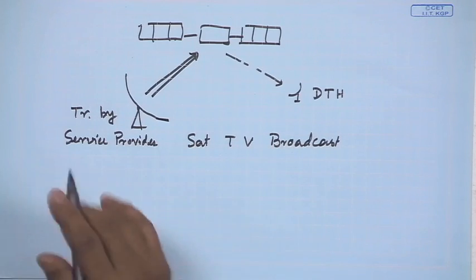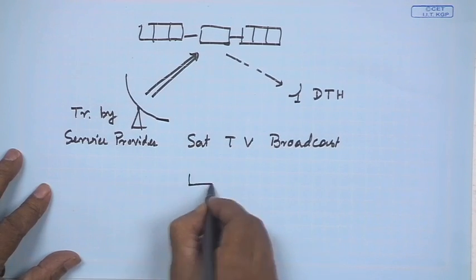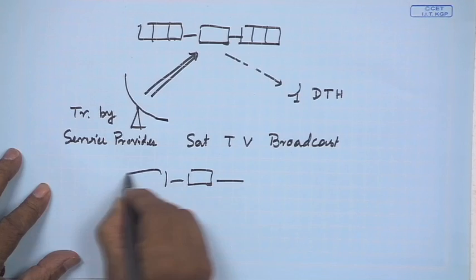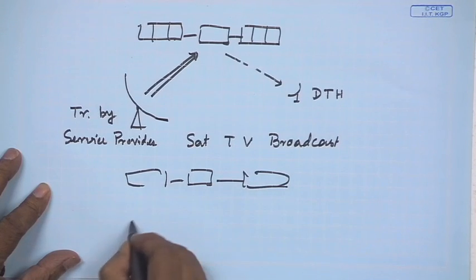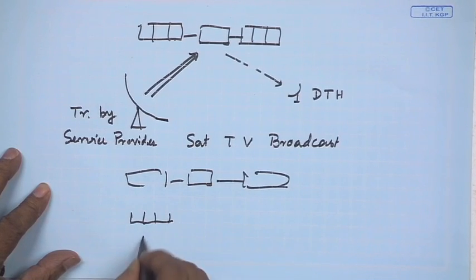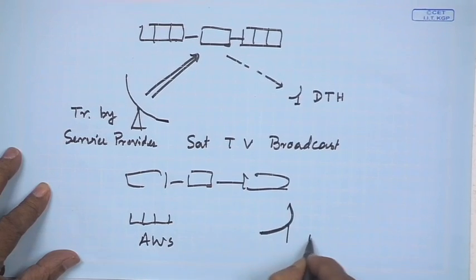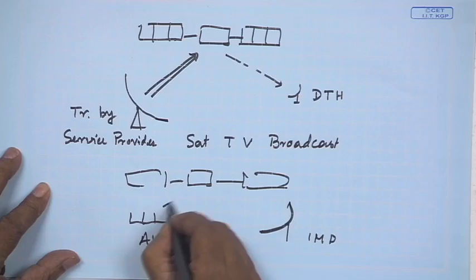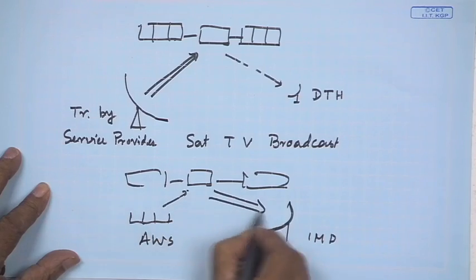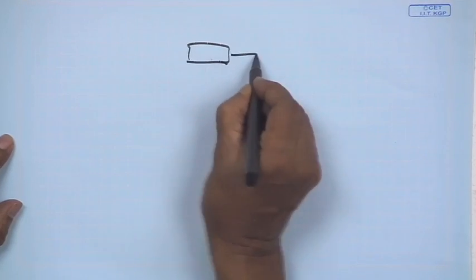The completely reverse example could be, there is a satellite and you have an automatic weather station and you have a large antenna by India Meteorological Department. Uplink is thin and downlink is fat. There could be other examples where VSAT ATM networks are there. I just draw that picture before closing.